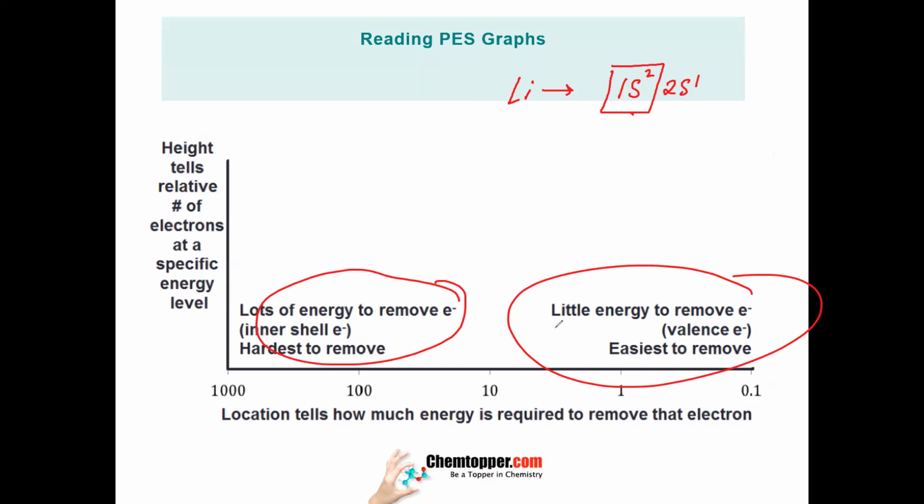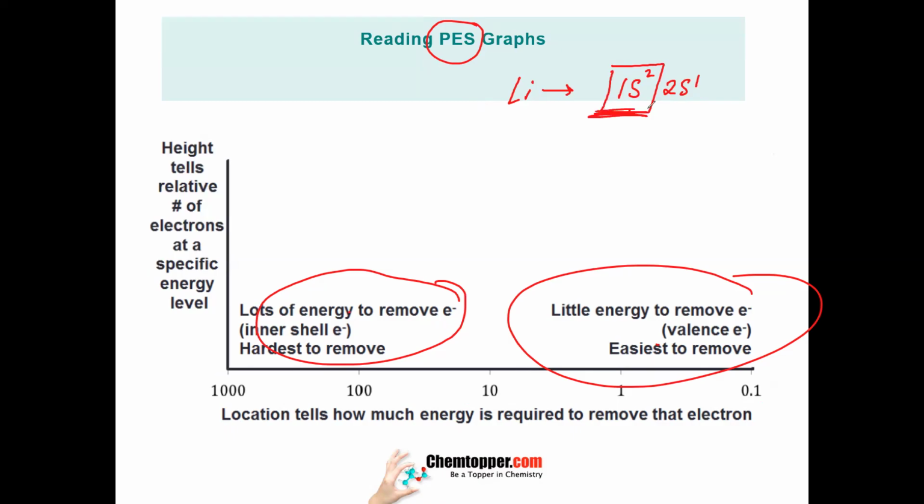Shriyaj, you're not understanding it? Bhavya? Gorika, you have understood? So can you explain where I should put 1s2, on the left side or right side? In photoelectron spectrum, you are removing electrons.